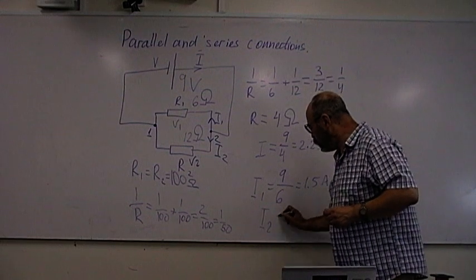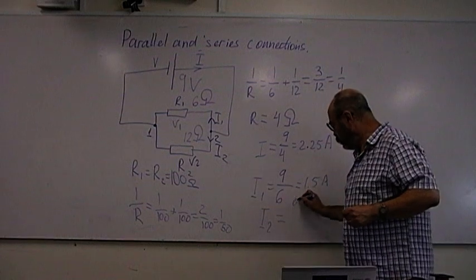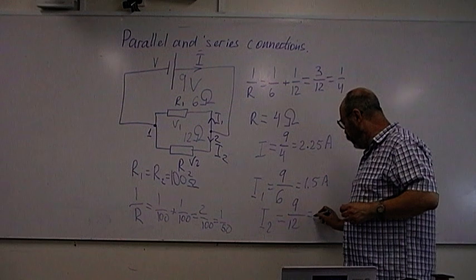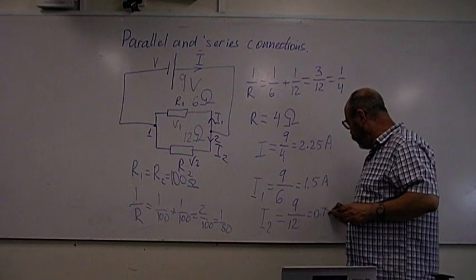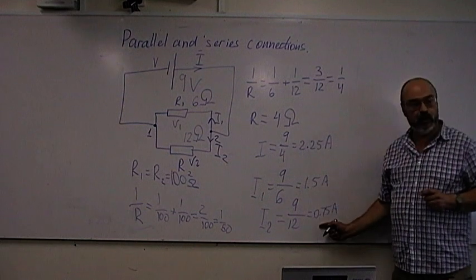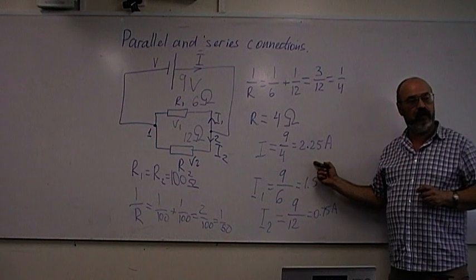For I2, the current through the second one, the same voltage of 9 over resistance 12 equals 0.75 amps. If we add 1.5 and 0.75, they add up to 2.25.